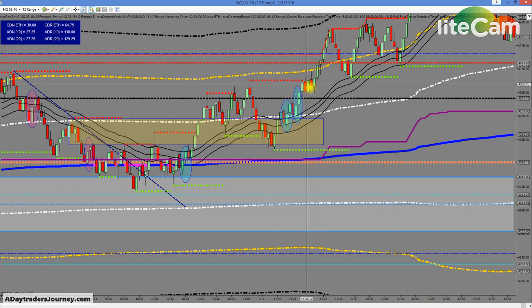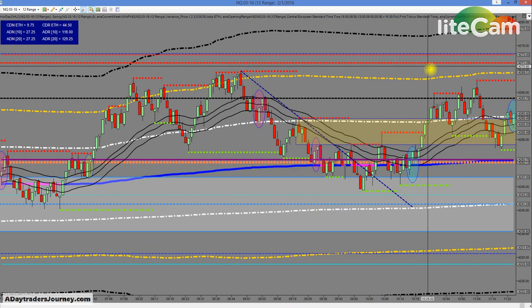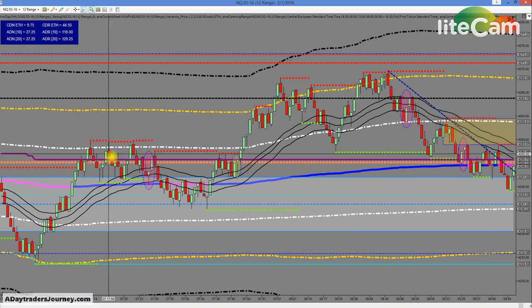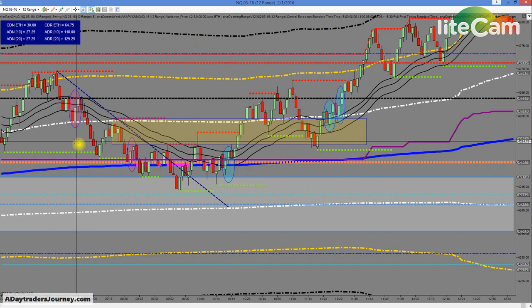So making it a manageable small loss for the day, but it would have been really tough trading and watching the market for 3 hours or so, and having nothing but loss after loss after loss, 4 in a row. But again, if you stick with it and you keep going, you should be able to get a couple positive trades to help with the loss and hopefully get back into positive territory for the day. If not for the day, then the next day will help you do that.